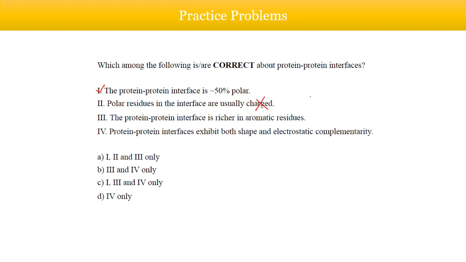And the protein interfaces exhibit both shape and electrostatic complementarity to minimize their energy. And the protein interfaces are richer in aromatic residues, and histidine is also present to enhance the interaction. So 1, 3 and 4 are correct. So C is the correct option.